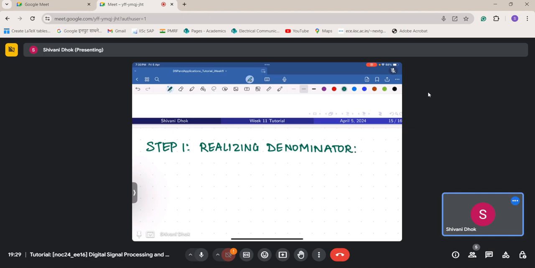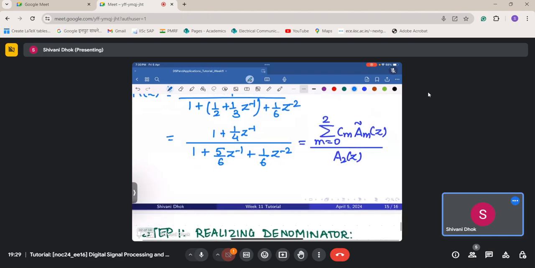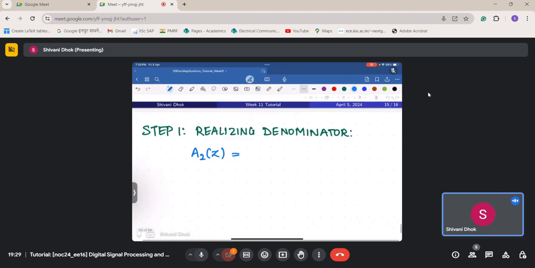Here what we know is this A2 of z is equal to this denominator polynomial, which is 1 plus 5 by 6 z inverse plus 1 by 6 z to the power minus 2.